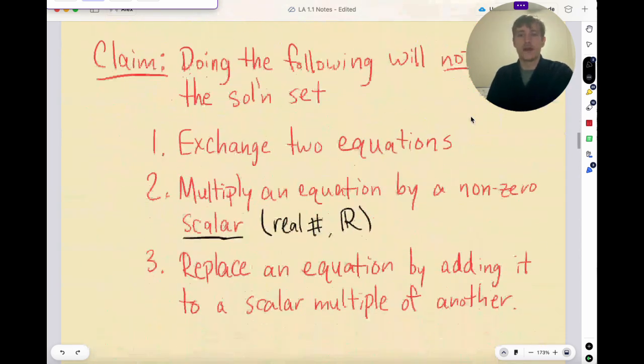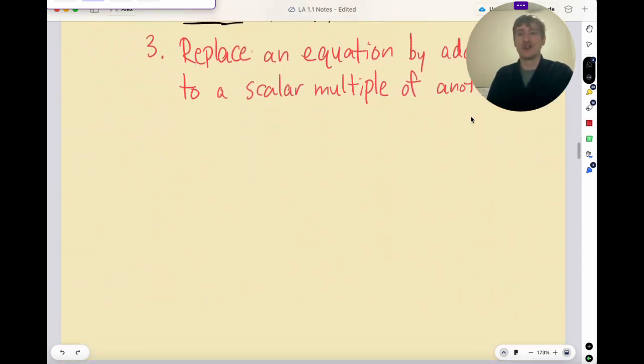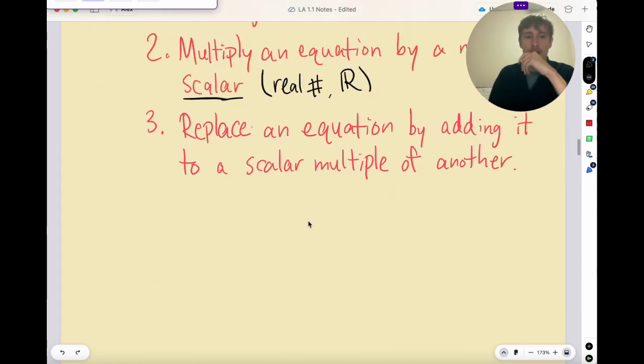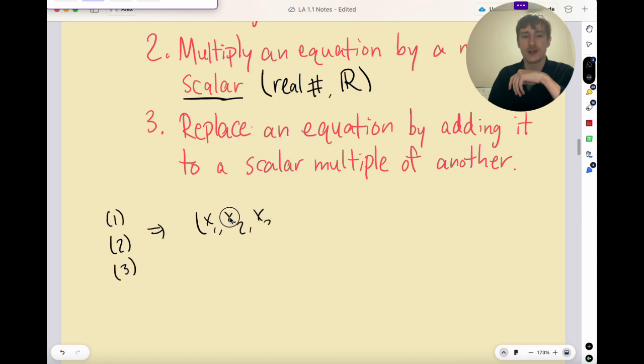So before I go into the theoretical proof, let me just show you a more basic example. Going back to this instance, if I have equation 1, equation 2, equation 3, that's going to have a solution set that's some ordered triple, x1, x2, x3.